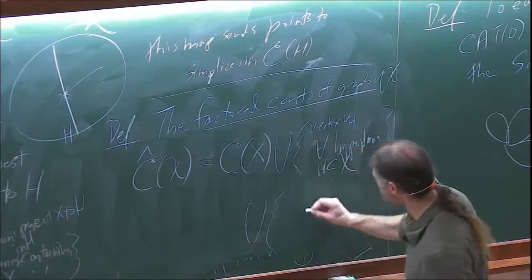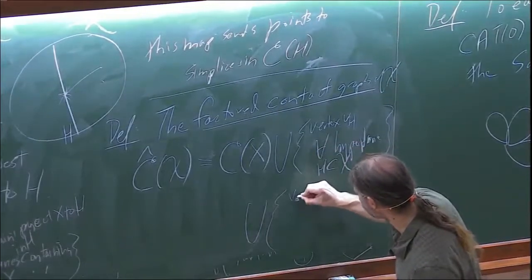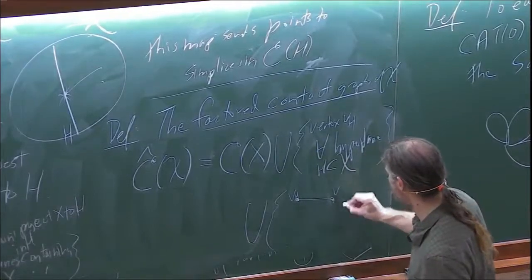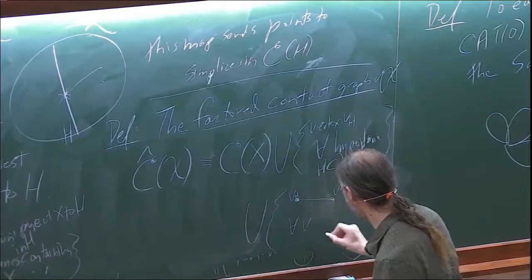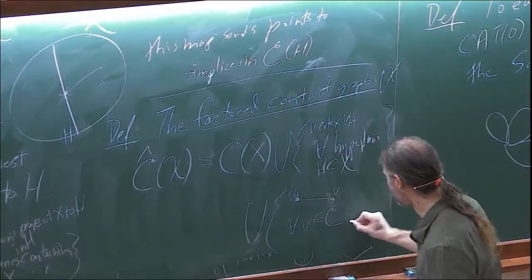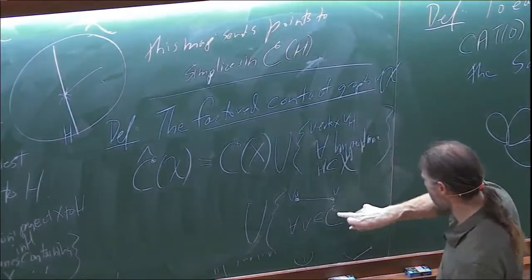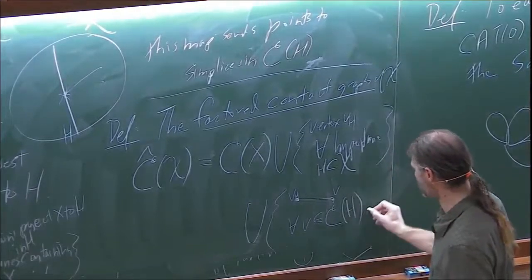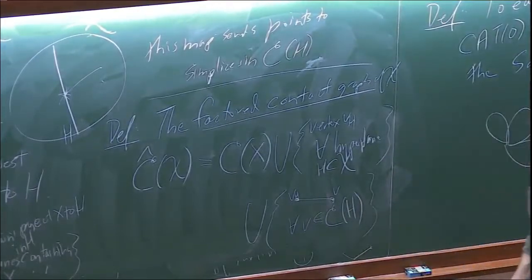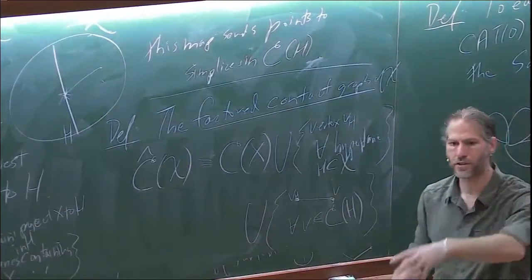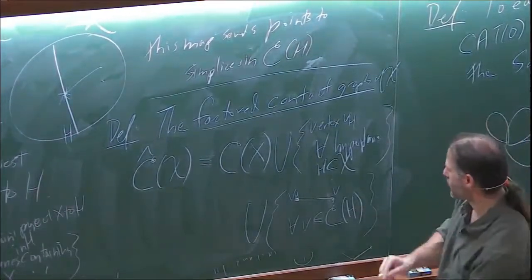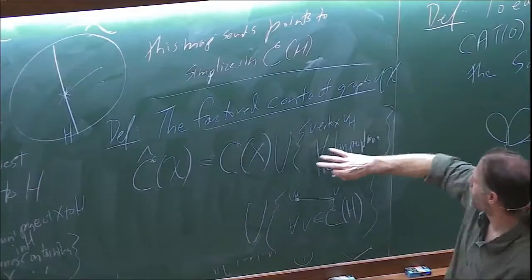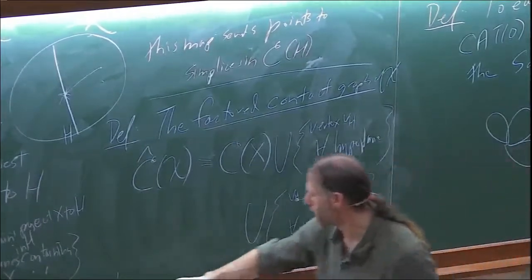I'm going to add an edge from V sub H to V for each V in the contact graph of H. So for every hyperplane, I'm going to add a new vertex, and then cone off the contact graph associated to that hyperplane, the sort of sub-contact graph.